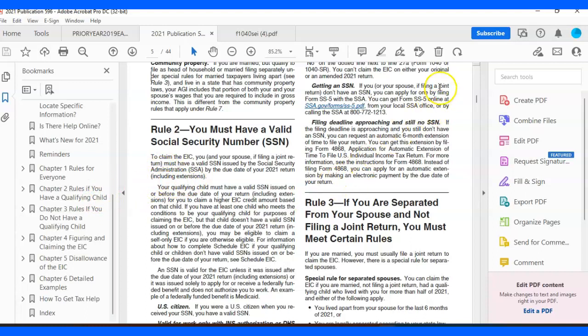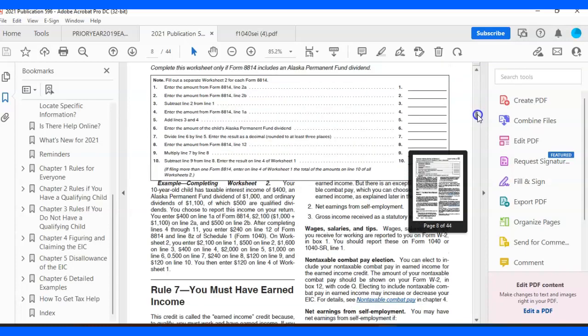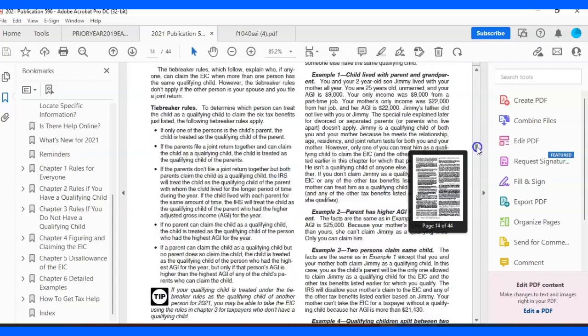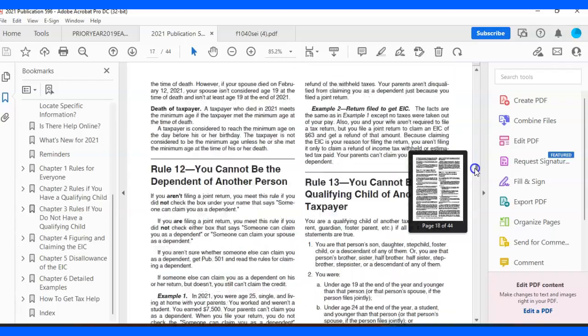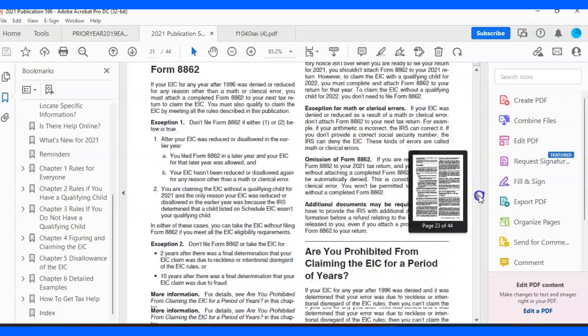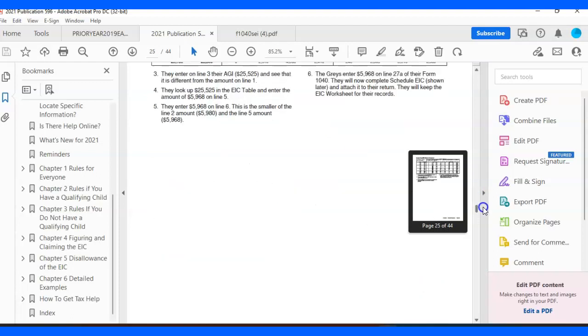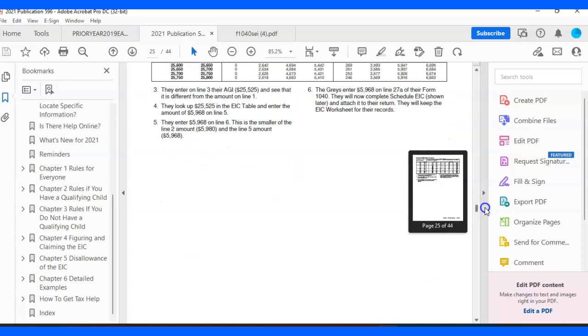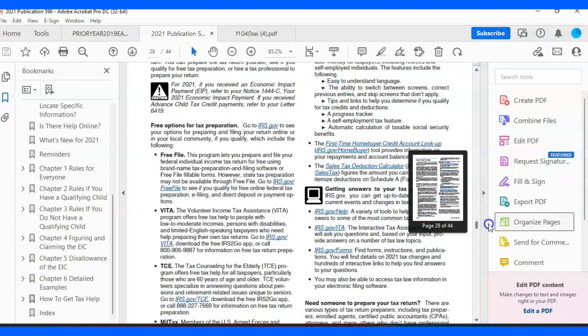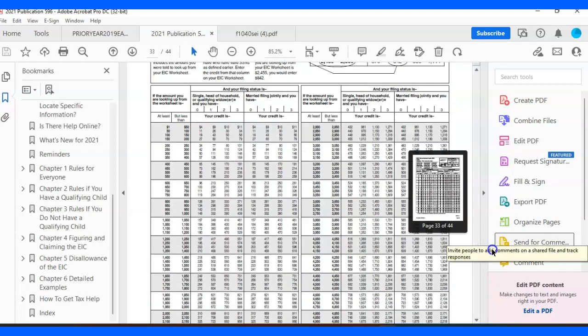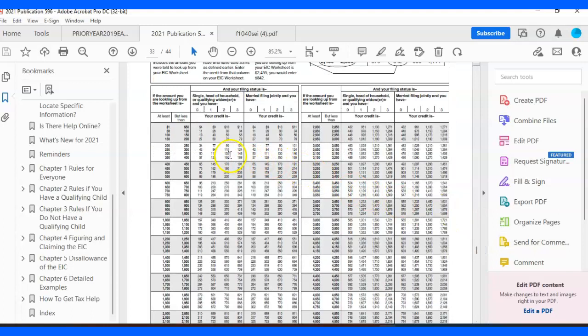And so what I'm going to do here is show you the earned income credit table that we use to determine how much earned income credit they'll get. What I'm doing now is scrolling through the 15 rules, and I'm headed towards the table. This is the worksheet right here that we learn how to fill out as well. Then from there, I keep scrolling. This is the table, the EIC tax table that we use.